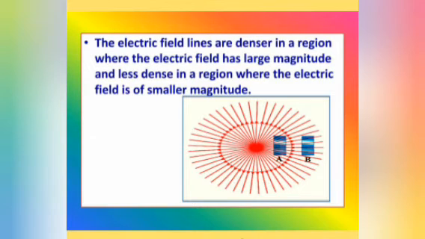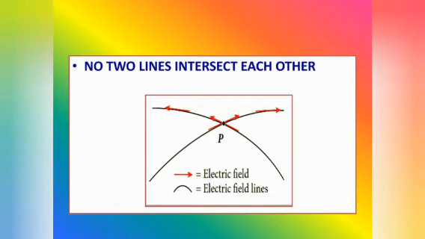In other words, the number of lines passing through a given surface area perpendicular to the lines is proportional to the magnitude of the electric field in that region. Here the number of lines crossing the surface A is greater than the number of lines crossing the surface B.